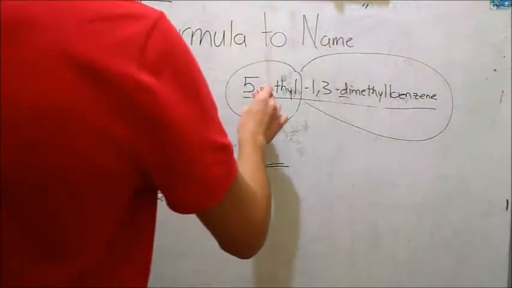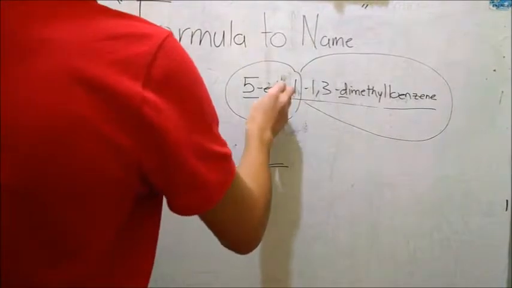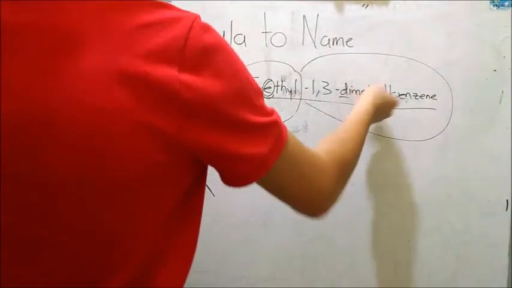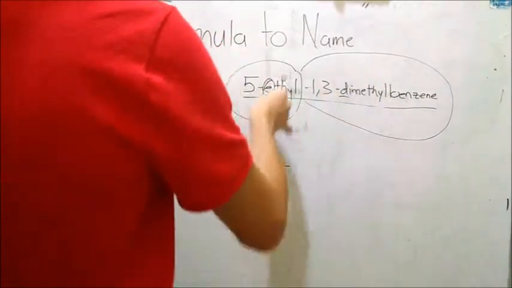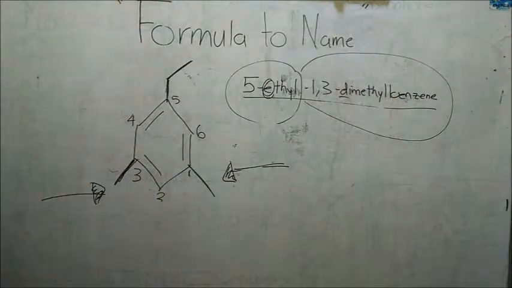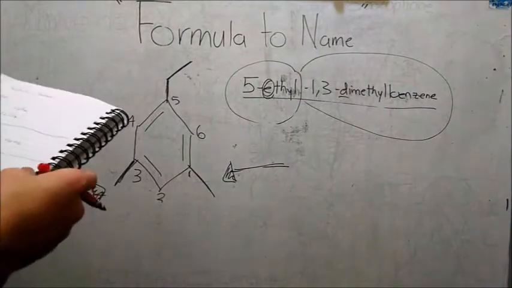And why do we put this one first? Because of the letter: we know that we have E, and then D doesn't count, so we put first the most important. Well, that is the third example from formula to a name, that is called 5-ethyl 1,3-dimethyl benzene.